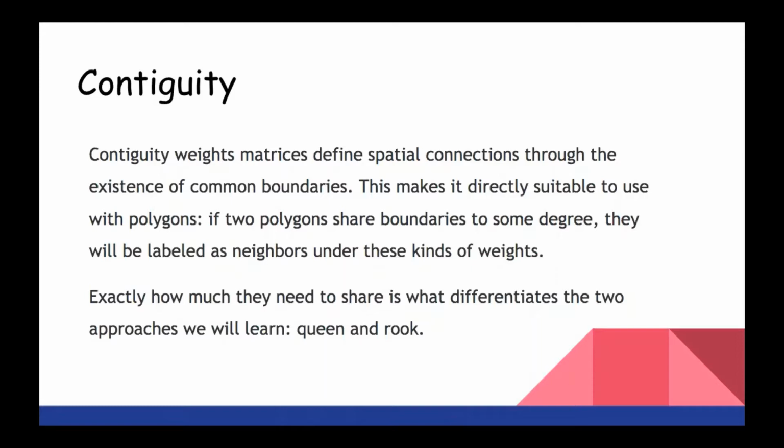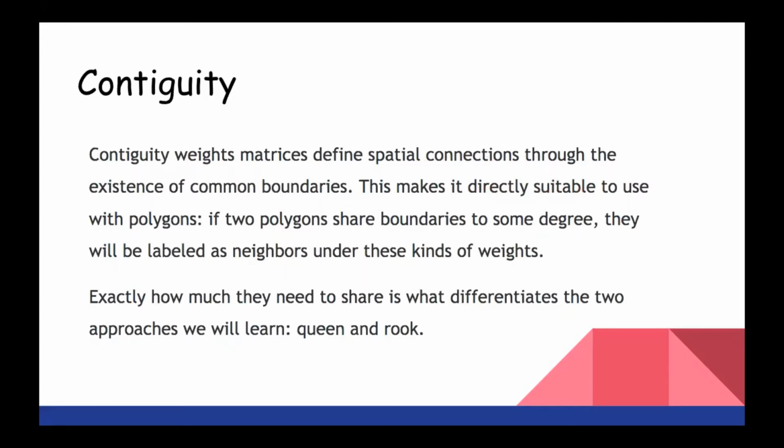So when there is an existence of a common boundary between two observations, this type of weight decodes the degree of existence of common boundary. It makes it directly suitable to use with polygons.